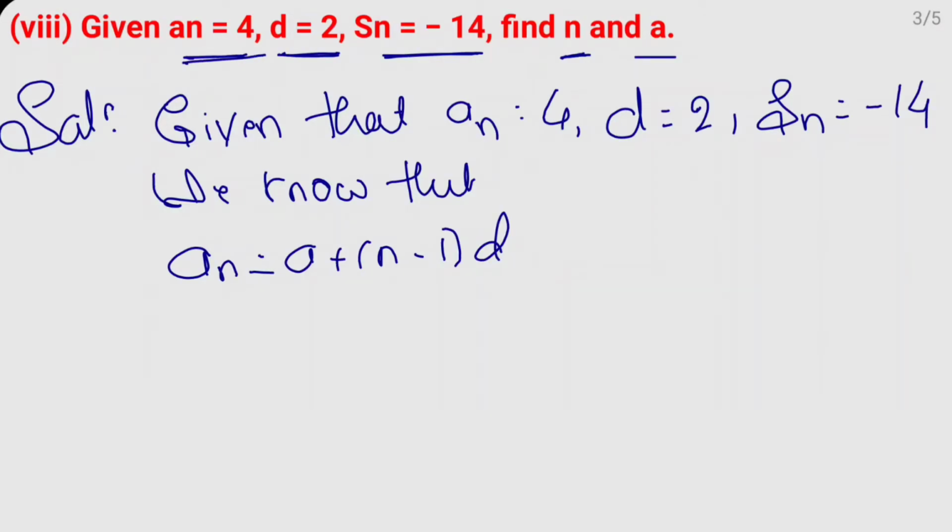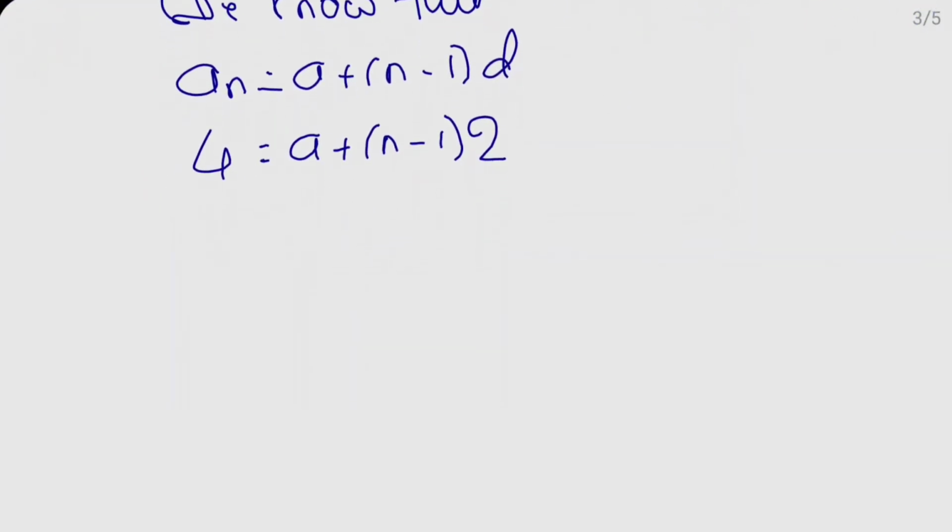So here they given an, right? So an is 4 and this equal to a, we don't know, keep as it is, plus n minus 1 also as it is, into d they only given, that is 2. So now here 4 is equal to a plus n into 2 is 2n, and a minus 1 into 2 is minus 2. Is it clear?